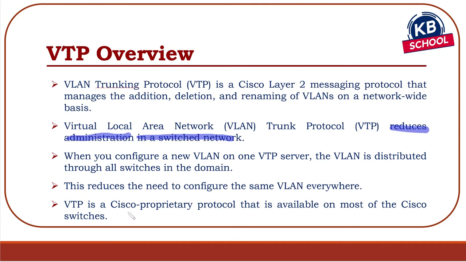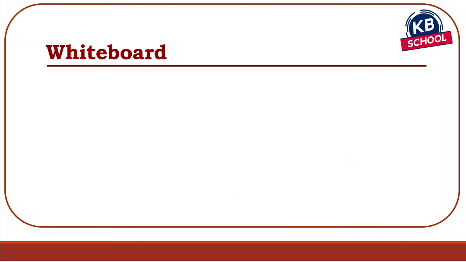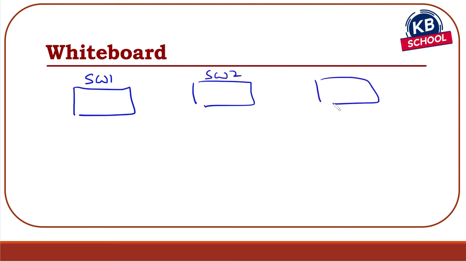So again, what did we gather from here? VTP does ease a little bit of my configuration, but not a lot. It's just for the purpose of creation or deletion of VLAN. What do I mean by that? Just make sure I put this into context. Let's say I had two switches or multiple switches. Let's say we have three switches: switch 1, switch 2, switch 3.